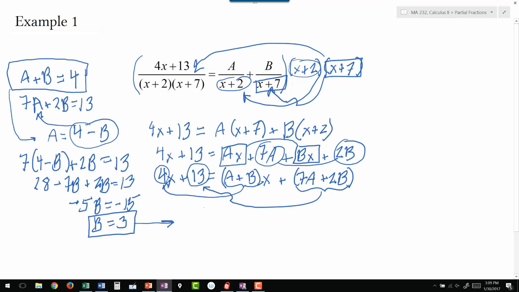Once I know b is equal to 3, I know a also, because a is equal to 4 minus b. So a is equal to 1.